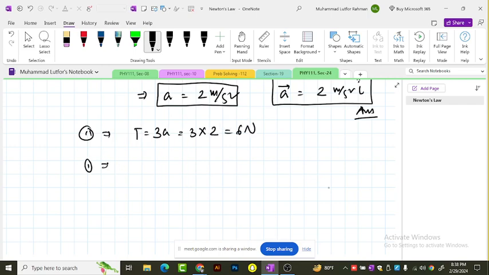And from equation 1, 10 minus T, which is the net force acting on the 2 kg block, is 10 minus 6 equals 4 Newton. These are the forces acting on each individual block. As a result, the sum of these two forces is the 10 Newton I am dragging the system with.